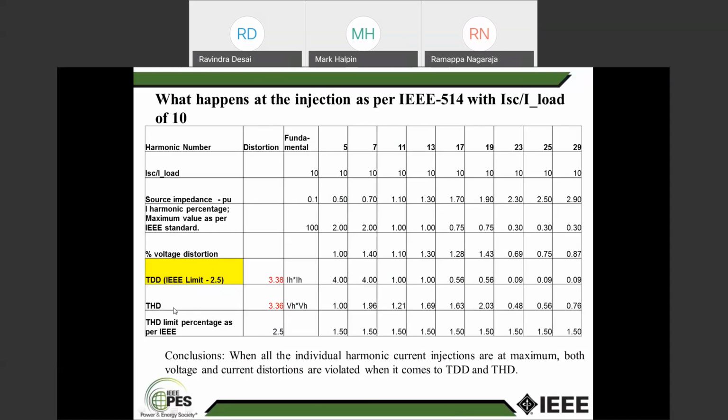THD, the voltage harmonic distortion, which is the square root of the sum of squares of the individual distortions, comes to 3.36. Now, what is the limit? The THD limit as per IEEE is 2.5%. Therefore, what it means is, when all the individual harmonic current injections are at maximum, both voltage and current distortions are violated when it comes to TDD and THD.